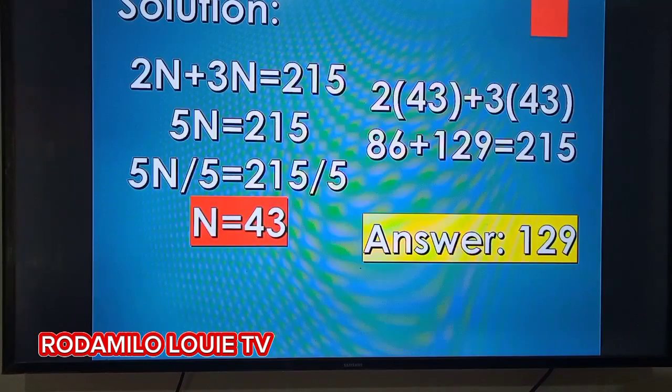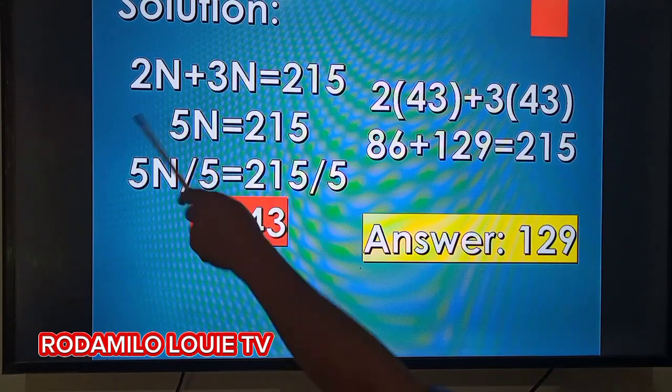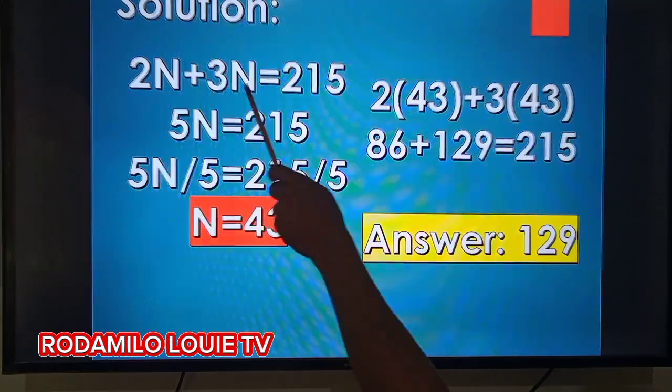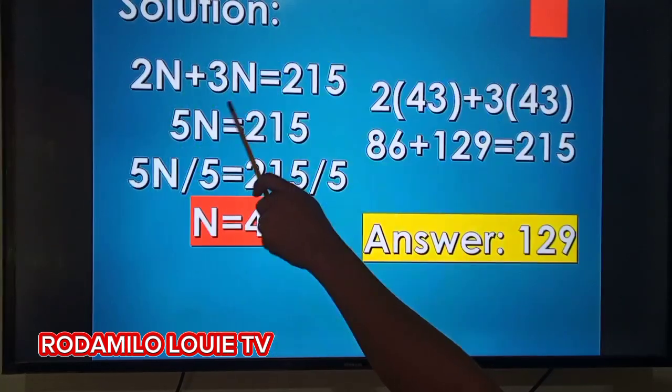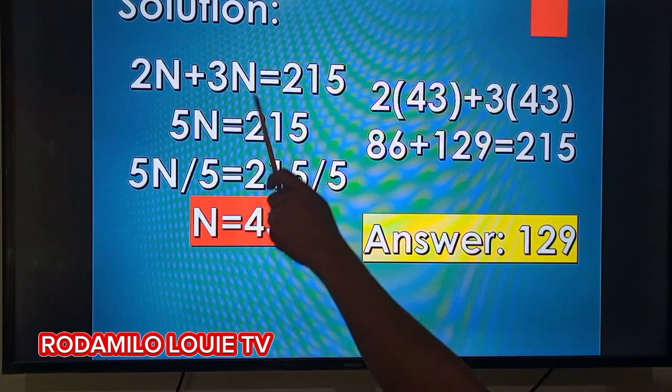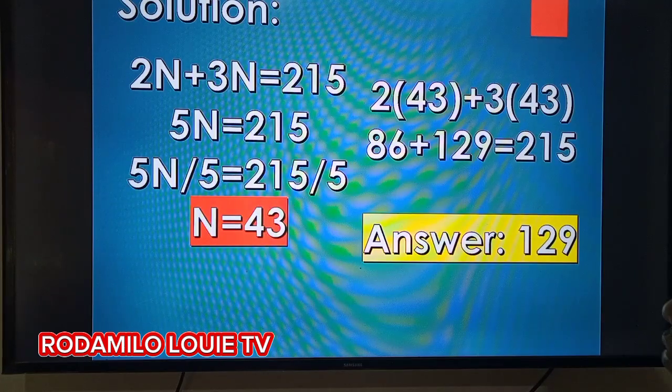So let's have our solution. 2n plus 3n is equal to 215. So 2n plus 3n is 5n is equal to 215. Divide both sides by 5. 5n divided by 5 is n, and 215 divided by 5 is 43.